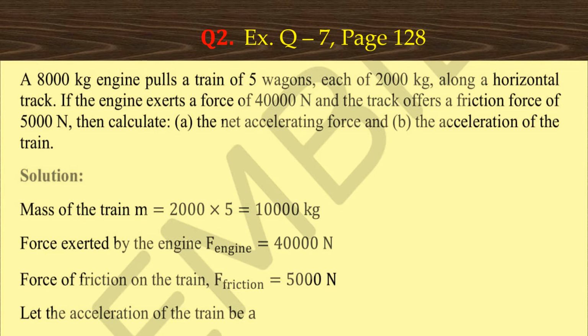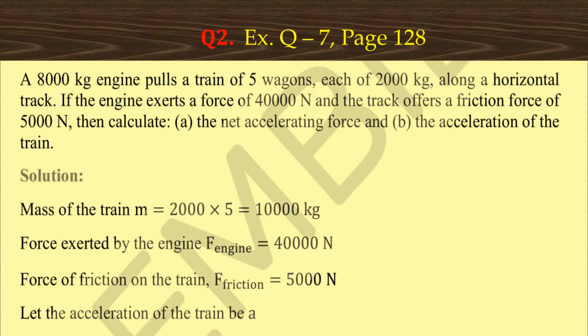And the force of friction offered by the track is given as 5,000 Newton. So we have to write again, that is force exerted by the engine is equal to 40,000 Newton. Force of friction is equal to 5,000 Newton.